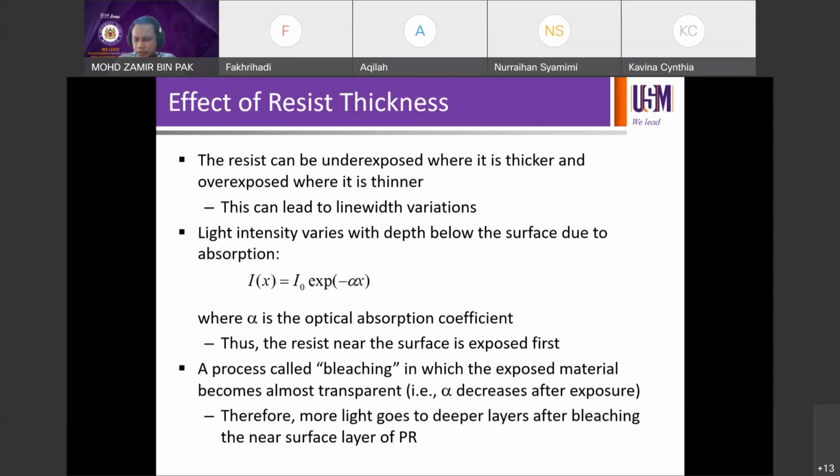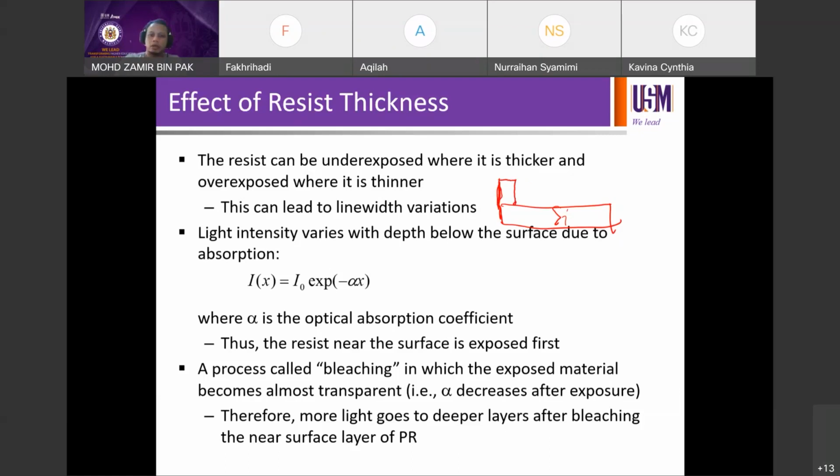Okay, line width variation, that means, let me just sketch here. You have silicon, and let's just put the resist on. Normally you have oxide under the resist. So when you want to print lines, remember we can print either lines or holes.